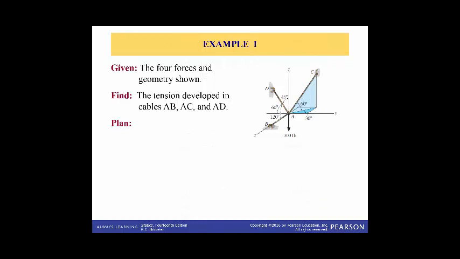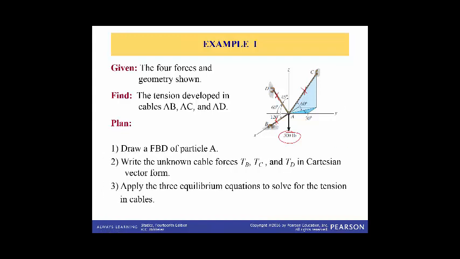So let's do this with an example. We have four forces here, and one of the forces is this weight, and then you have three cables. So we have three unknowns, and we have to find the tension in each cable. Of course, the first step, always the free body diagram.